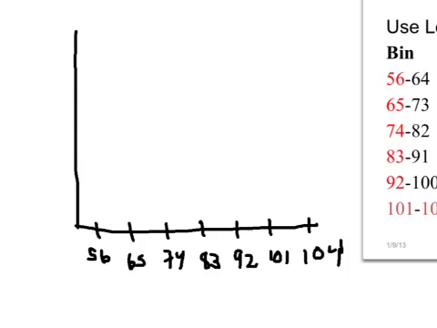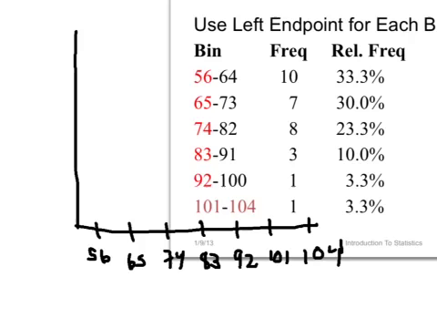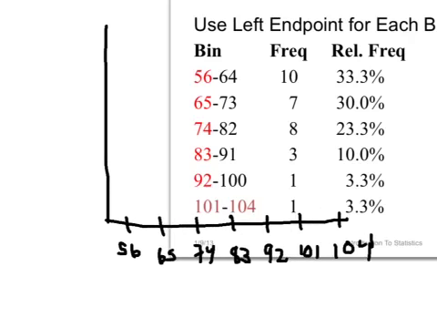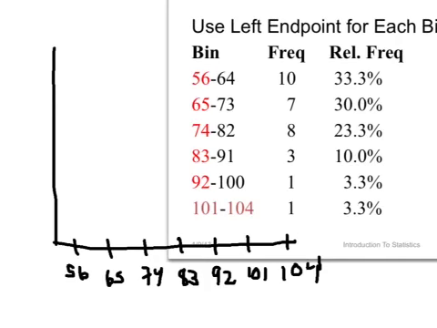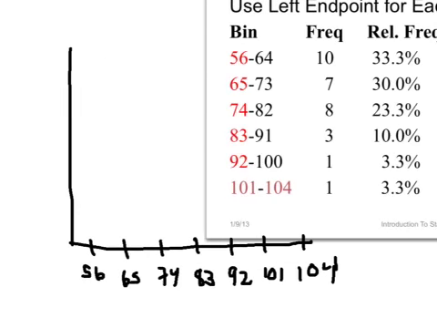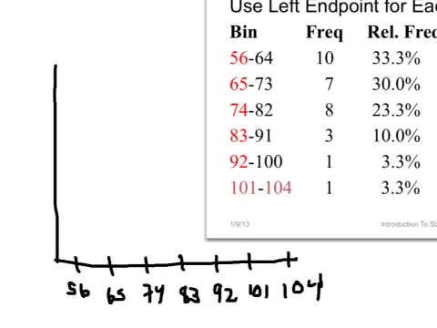So in this case, I think what I'll do is use the relative frequencies, since on the last one we used the counts. So the relative frequencies here go from 3.3% all the way up to 33%. So let me come over here to my vertical axis, and let's break this up accordingly.